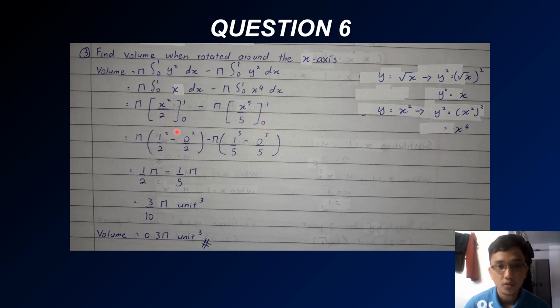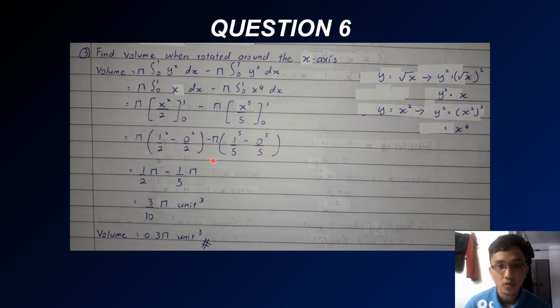Then we solve it: pi [1 over 2 minus 0 power 2 over 2] minus pi [1 power 5 over 5 minus 0 power 5 over 5].